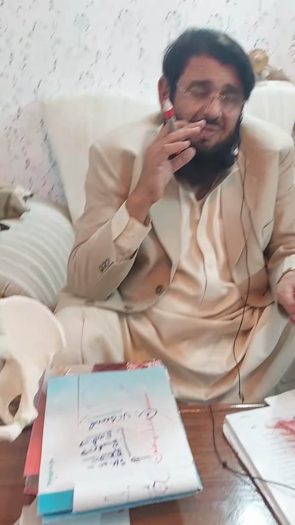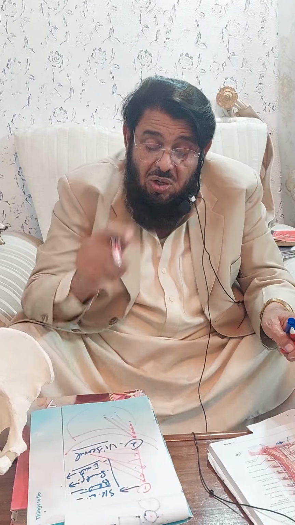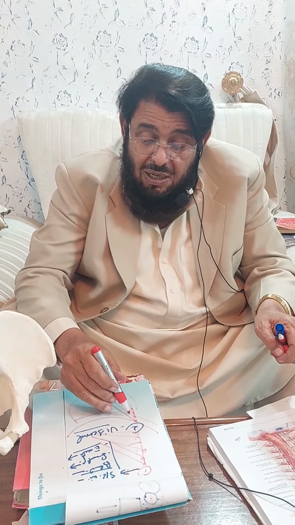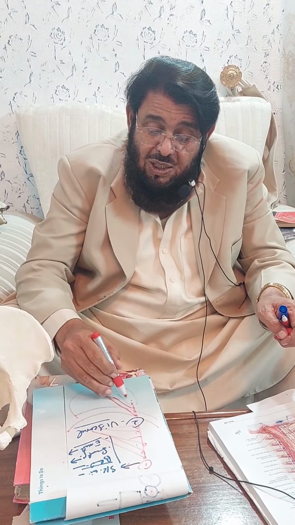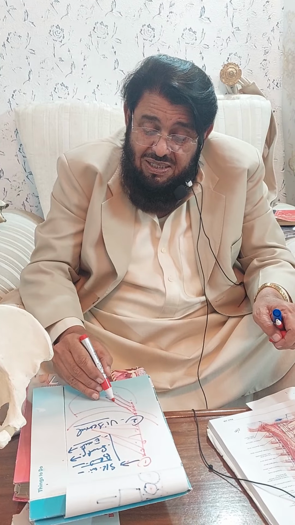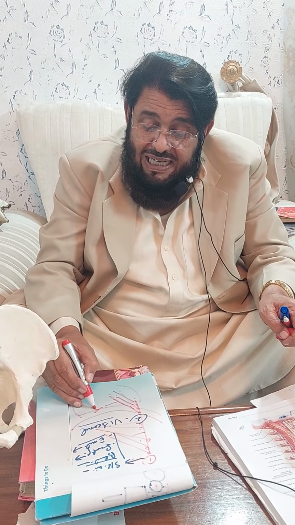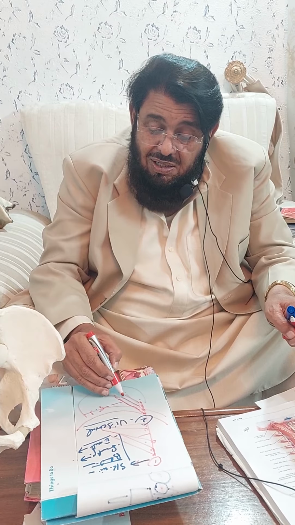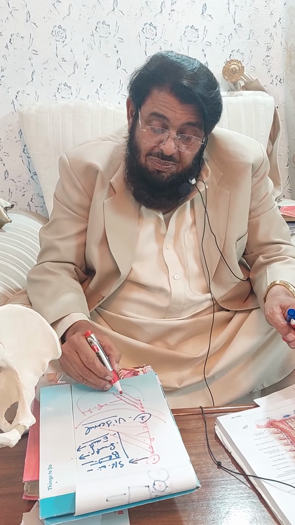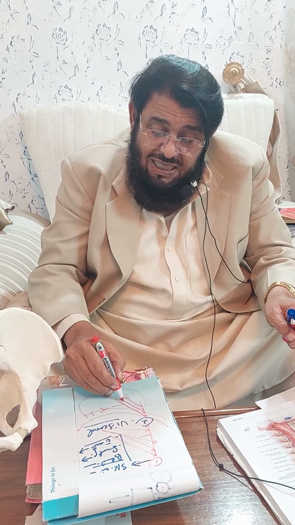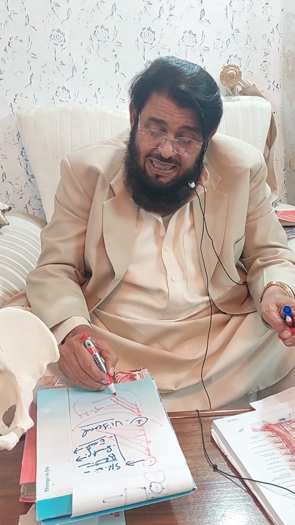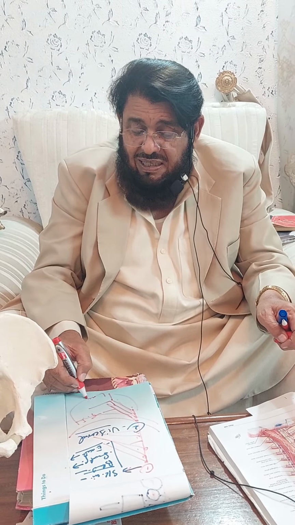Visceral branches from the cervical region are given to the lungs and the heart, while from the lower thoracic, branches are given that enter into the abdomen, and these branches are called the greater splanchnic nerve, then the lesser splanchnic nerve, and then the lowest one is the least splanchnic nerve.